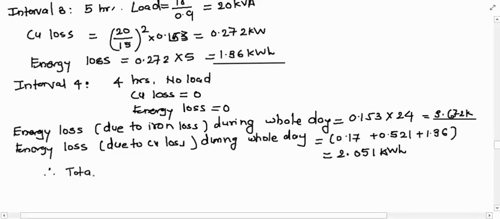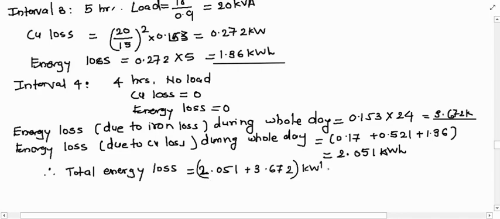Total energy loss is energy loss due to iron loss plus energy loss due to copper loss. So it equals 2.051 plus 3.672, this much kWh.